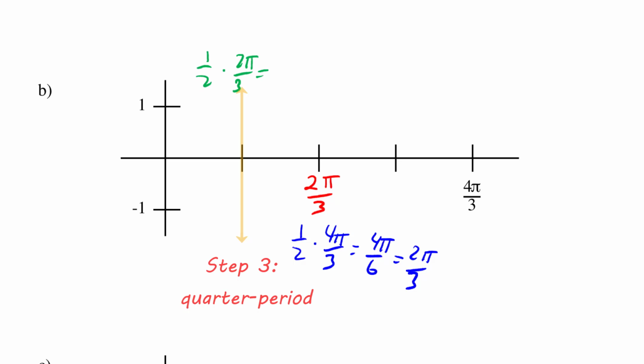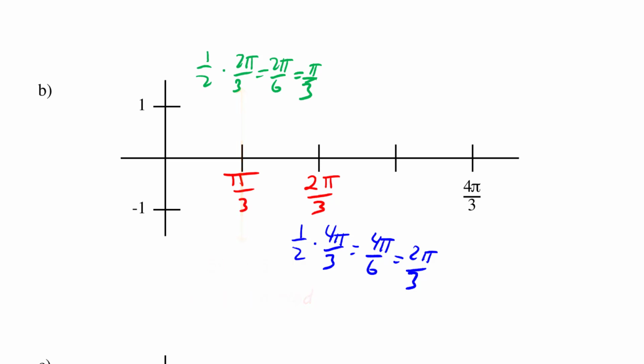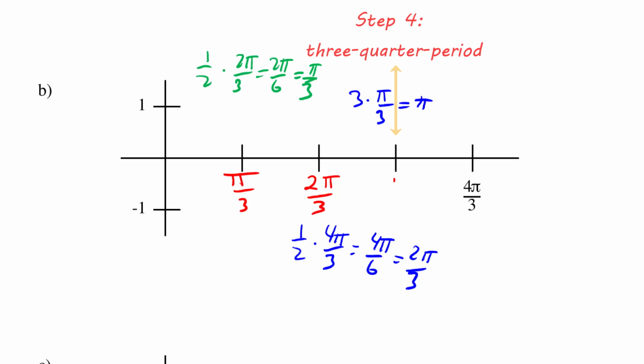Again, halfway between 0 and the half period is the quarter period. And we see that that is at 1 pi over 3, or just pi over 3. And the last step is to find the 3/4 period. 3 times the quarter. And that's just going to be pi. The 3's divide out.